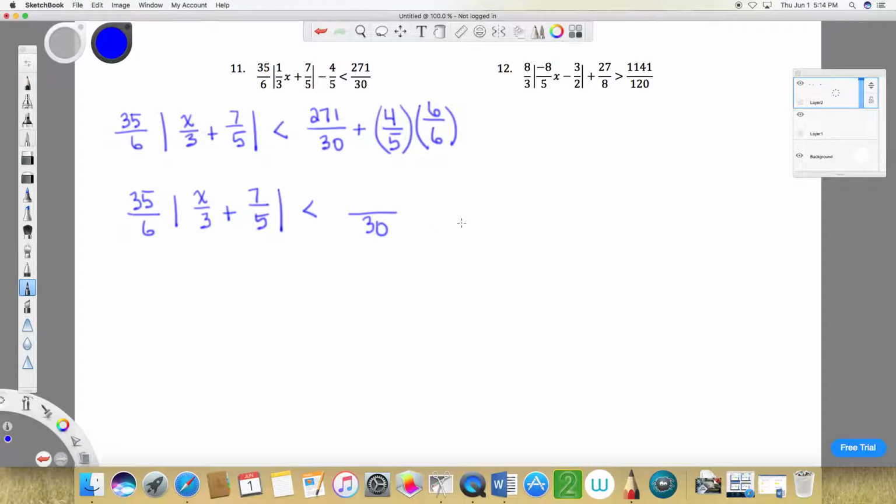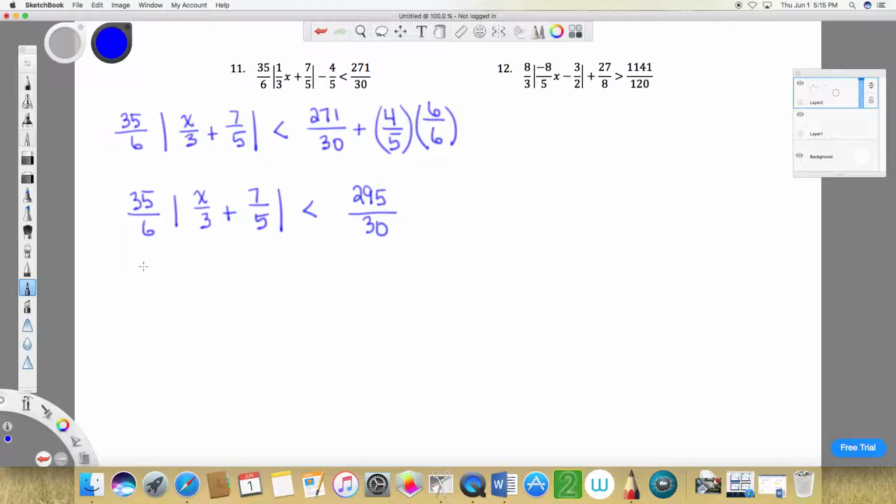So I've got 271 plus 24, and 271 plus 24 is 295. Is that divisible by 30? It is not, but I can definitely reduce that fraction to 59 over 6.